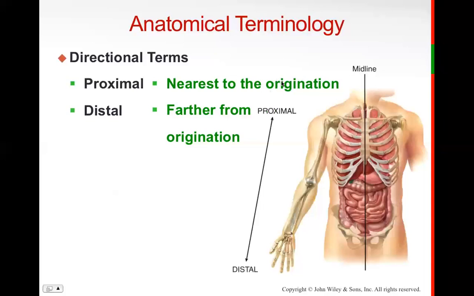So there's the origin and the attachment of your muscles, or the origin and the insertion. Okay, so for now, just think of the origination as being closer towards the center of the body, or closer to midline, for example, all right? As it's drawn here, so proximal versus distal, all right?